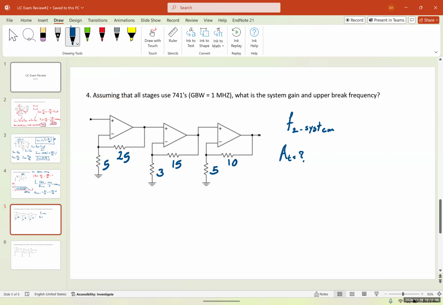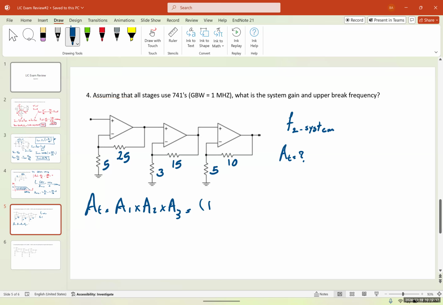And does anyone have the answer for this? So the total gain would be the gain of the first stage times the second stage times the third stage. All of these are non-inverting amplifiers.